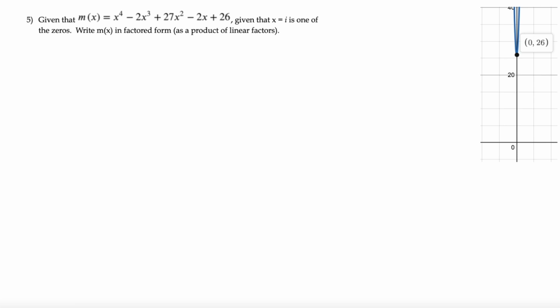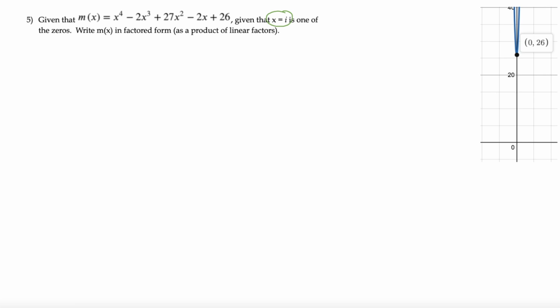Given that x is i is one of the zeros, write in factored form the solutions. So when I'm looking at the graphical part, I have absolutely no real solutions, but I am given x equals i, and I know that complex solutions always come in conjugate pairs.